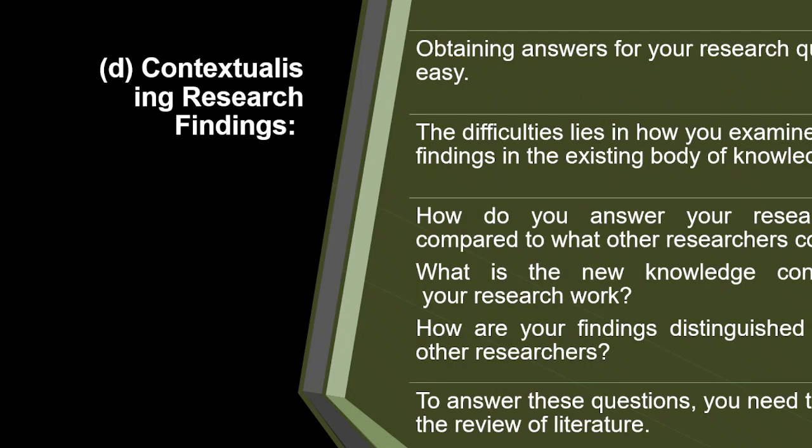Then, contextualizing research findings. Obtaining an answer for your research question is easy. The difficulty lies in how you examine your research finding in the existing body of knowledge. When you are studying the butterflies of Koravalangad region, you find that you have thoroughly studied the 50 species already known.